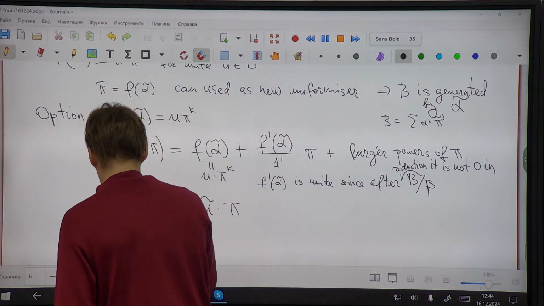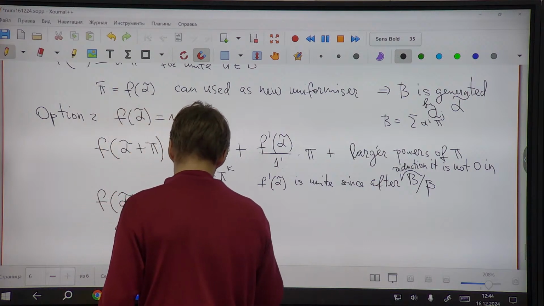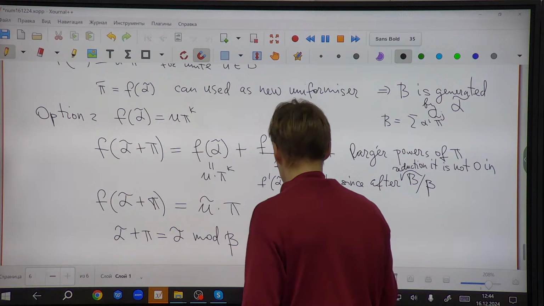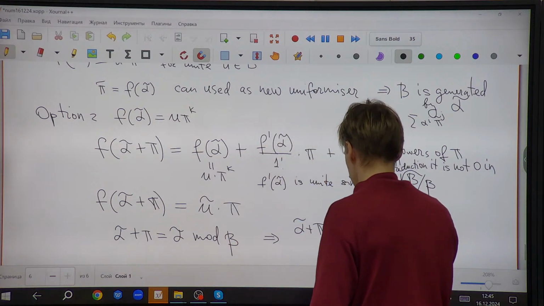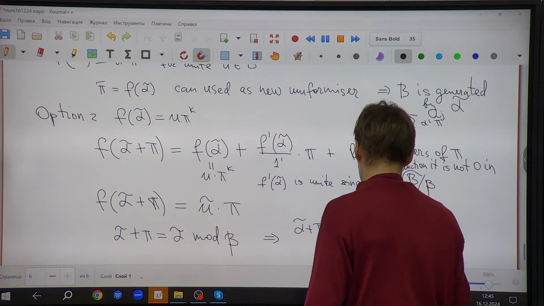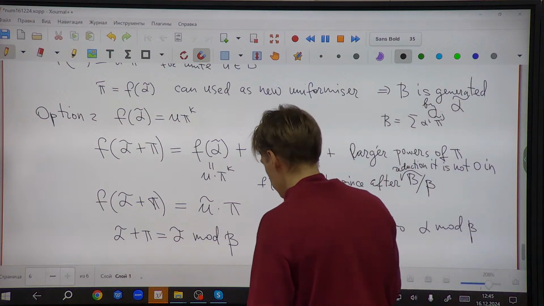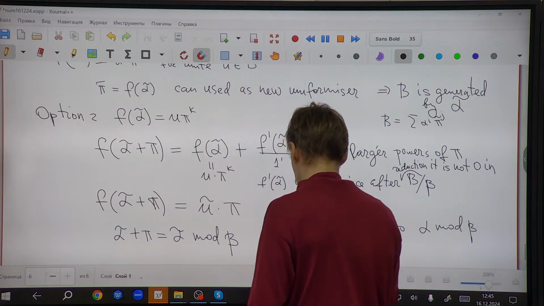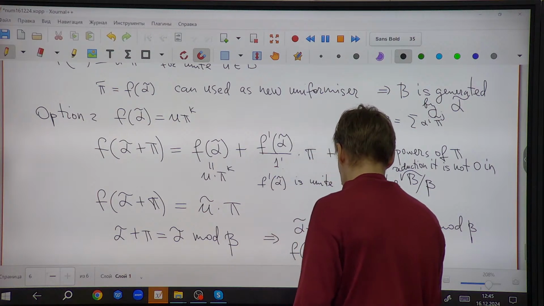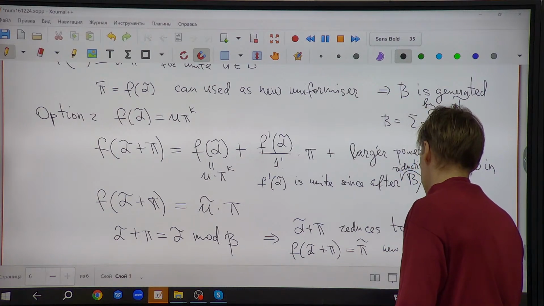So alpha tilde plus p is equal to alpha tilde modulo beta. And so this means that alpha tilde plus p reduces to alpha modulo B, and f of alpha tilde plus p is a new uniformizer, p tilde.